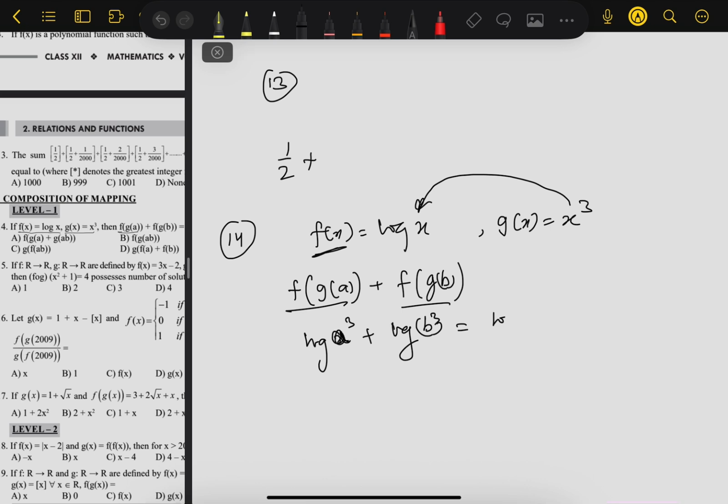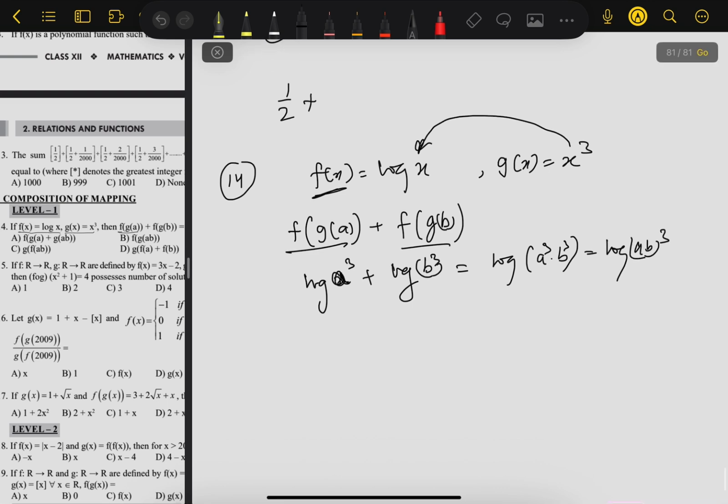So you can also write log of a cube into b cube, that is equal to log of ab whole cube, right? We are just composing the function here. So if you find f of g of ab, you will get log of ab whole cube. So second option is correct.